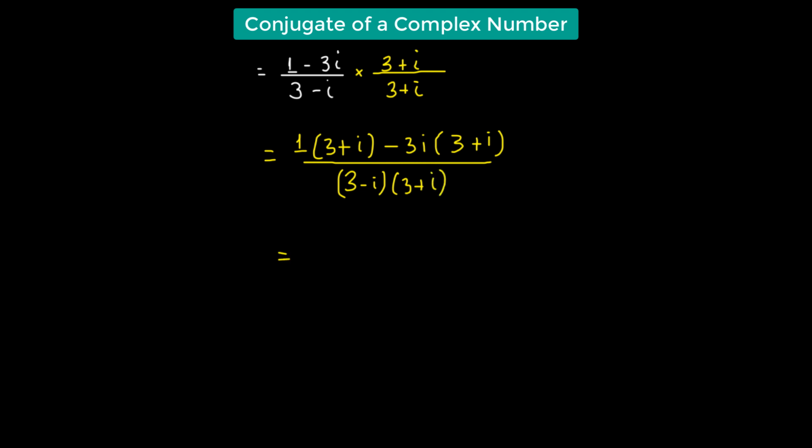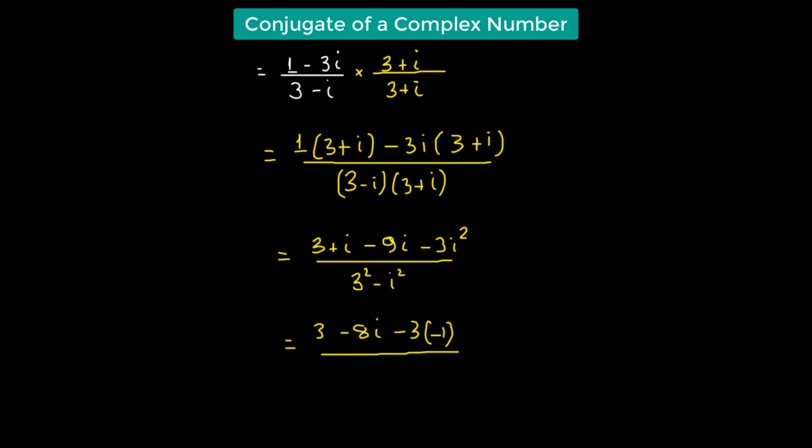So we have in the numerator 3 plus i minus 3 times 3, which is 9i, minus 3i squared, divided by 3 squared minus i squared. So that gives us 3 minus 8i minus 3 times negative 1. So we have replaced i squared by negative 1. Similarly, in the denominator, we have 3 squared, which is 9, plus 1. So we have 9 plus 1.